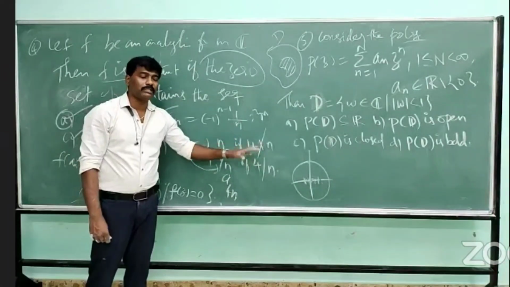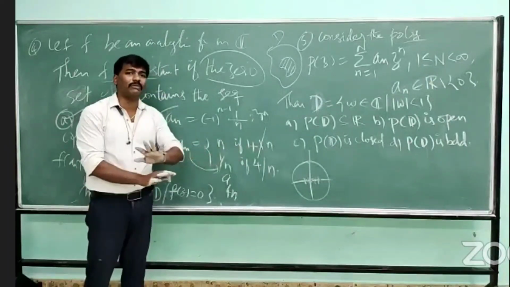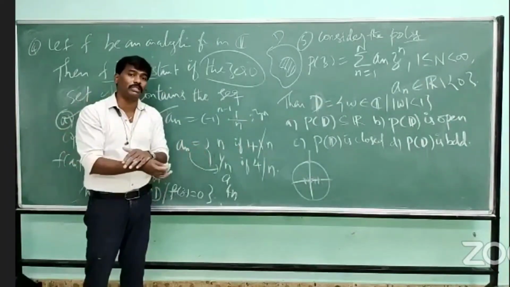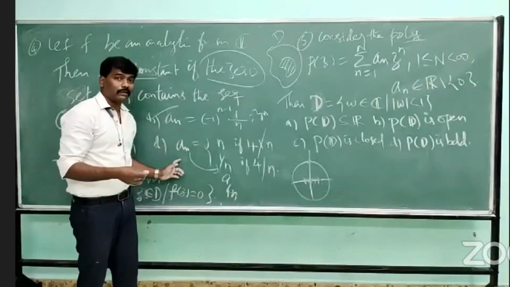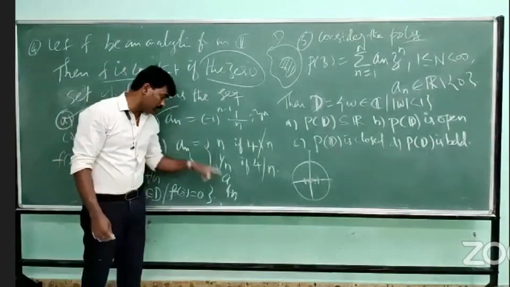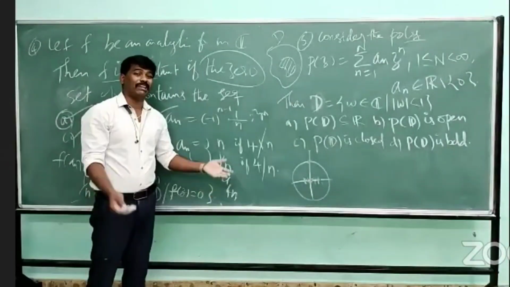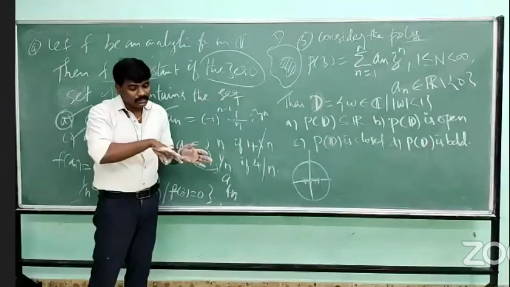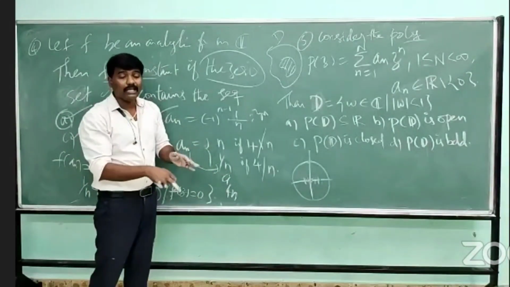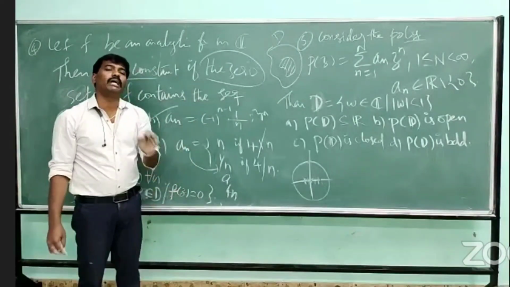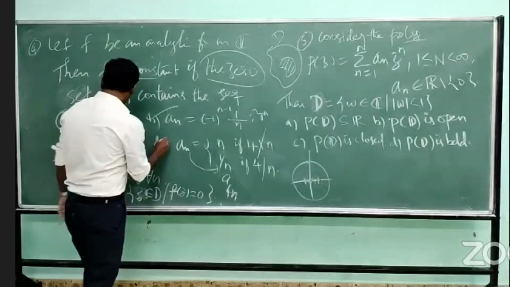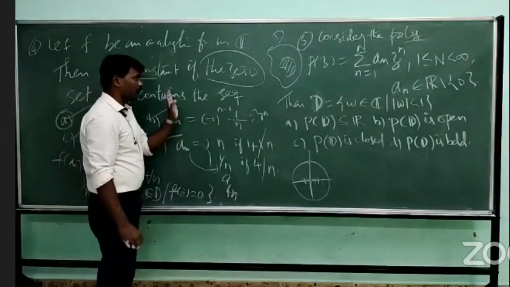But the subsequence converges. Even though f vanishes on a_n, in particular f vanishes on the subsequence also. Once f vanishes on a subsequence with its limit inside D, then f vanishes throughout D from the identity theorem. So this is also true, which implies that f is the zero function only.